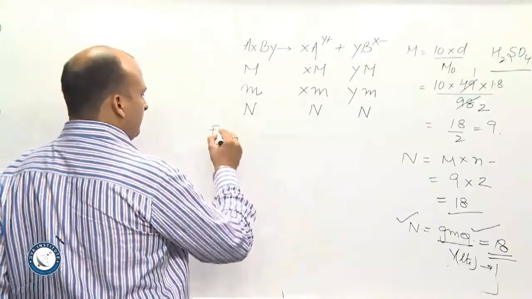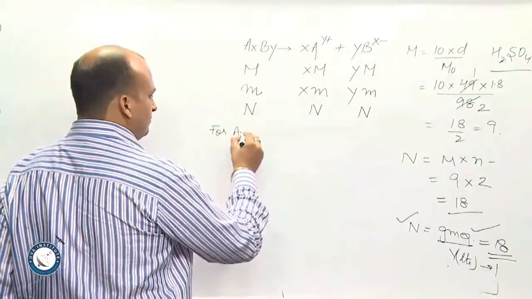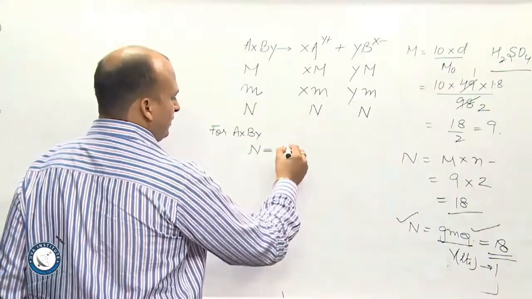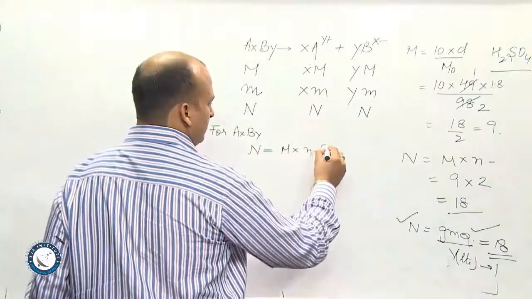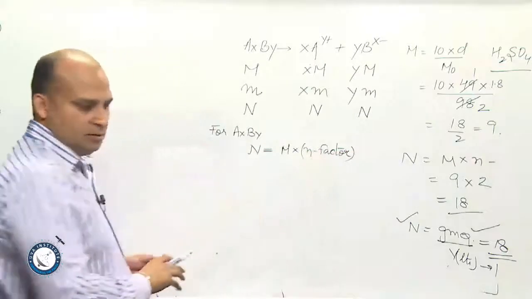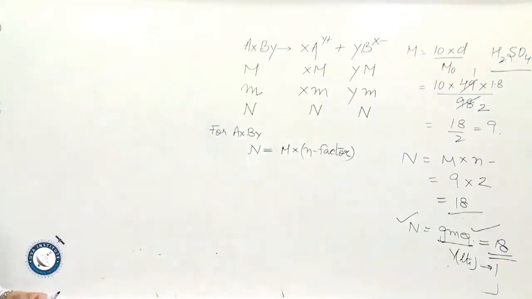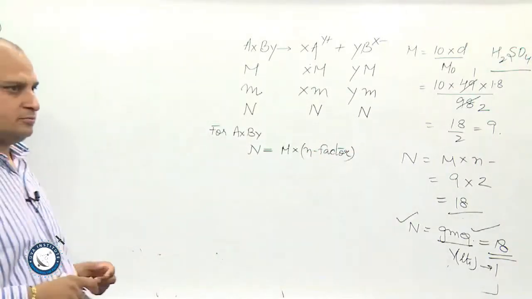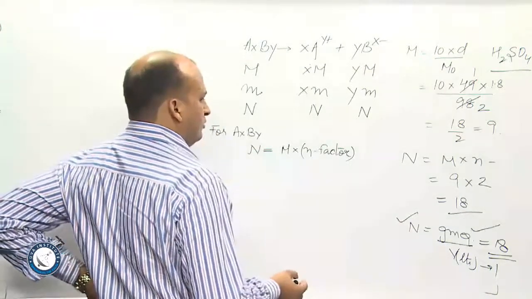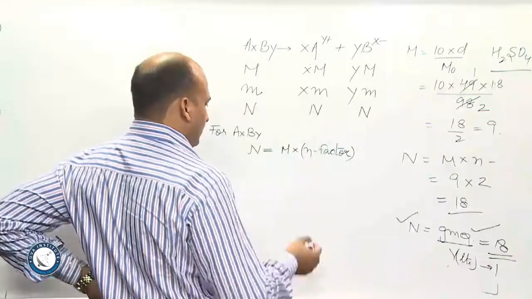See, for AxBy, normality is molarity into n factor.